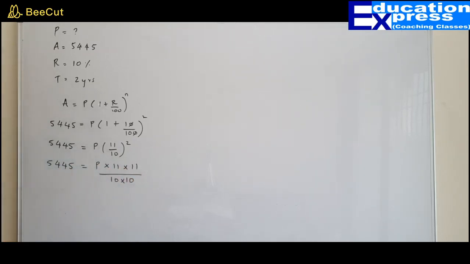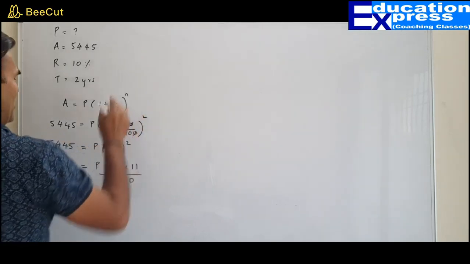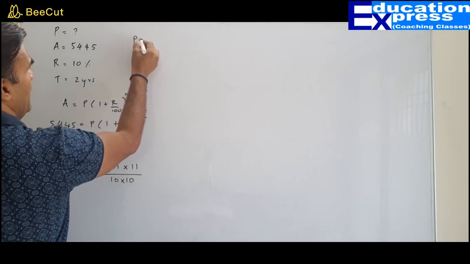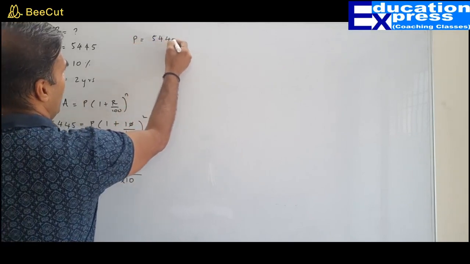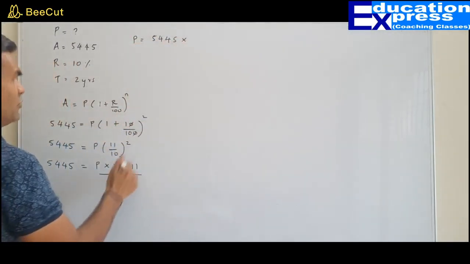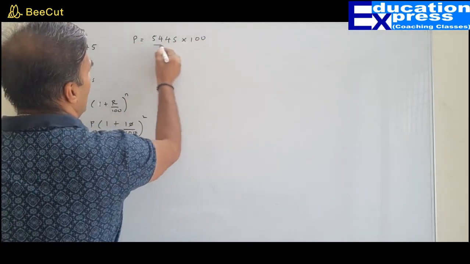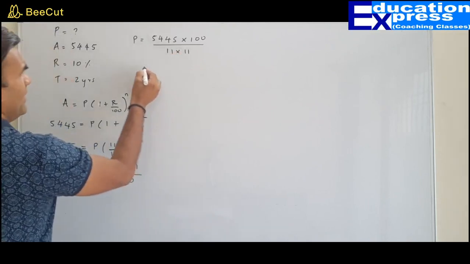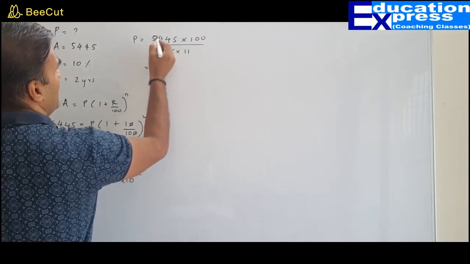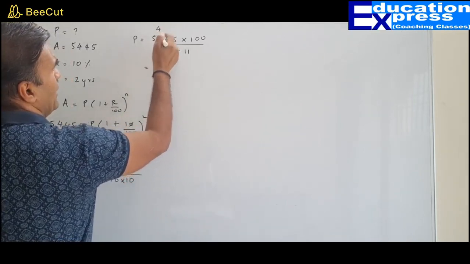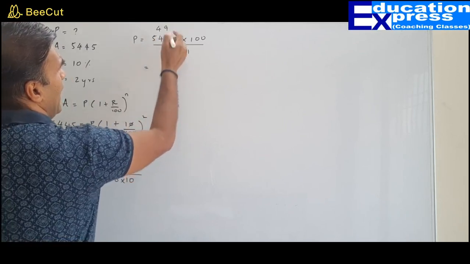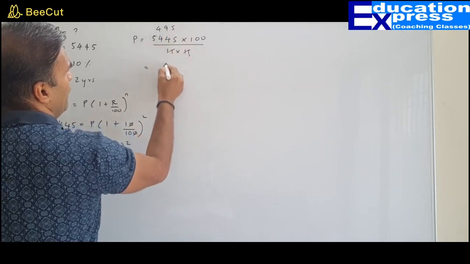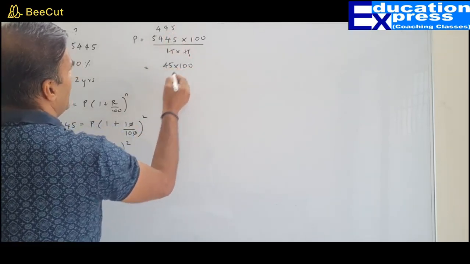Oh, this is a very easy and sophisticated calculation. This 10 and this 10 will move there. So we have P equals 5445 multiplied by 10 into 10, 100, upon 11 into 11. Don't multiply them unnecessarily. 11 fours are 44, 11 fives are 55, so 5445 divided by 121 gives 45, into 100.